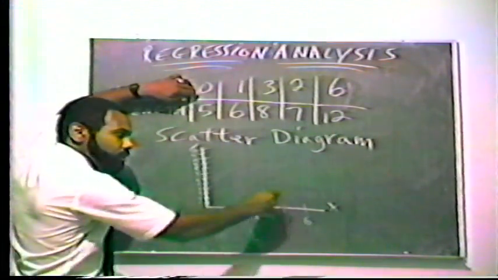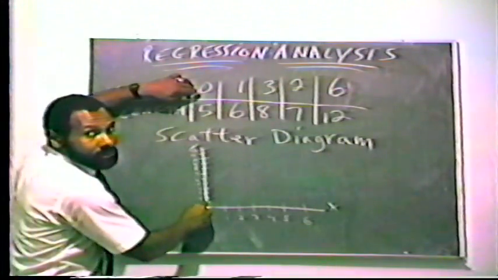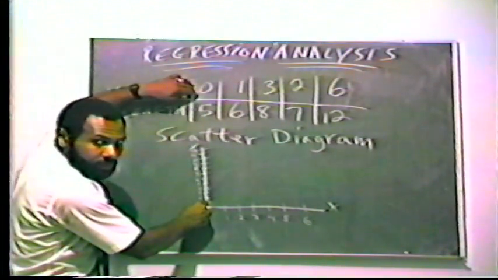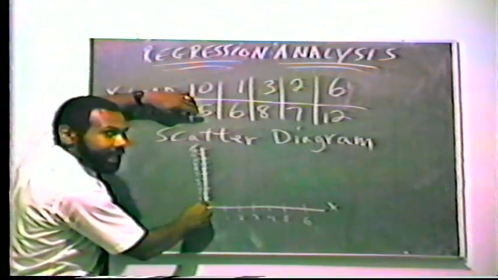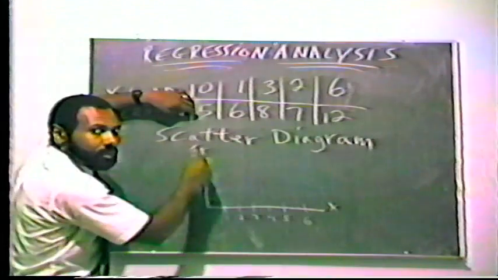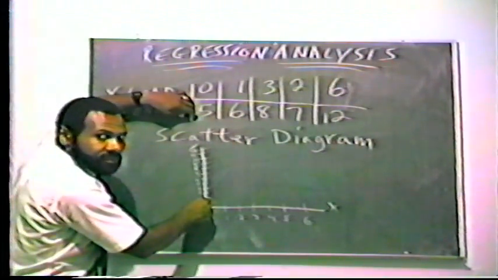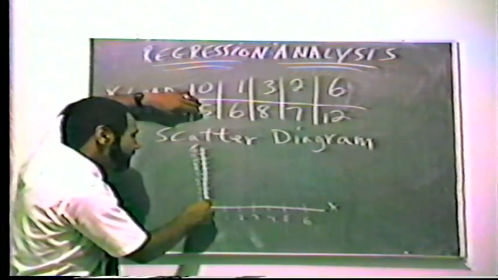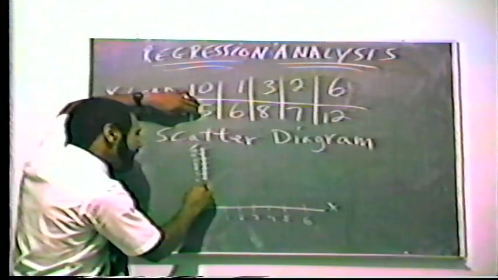That's how far you go across. So if x is 0, you don't go any across. You just stay where you are. Then the second number, y, is how far you go up or down. So you don't go to the right or left because x is 0. You go up 5. 1, 2, 3, 4, 5. And you put a dot.